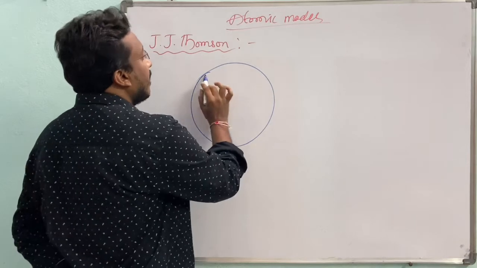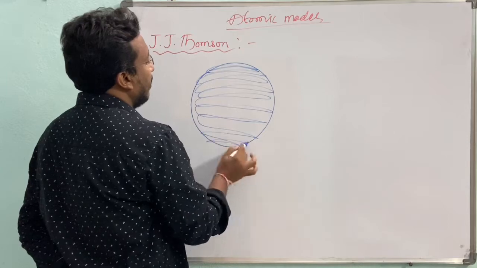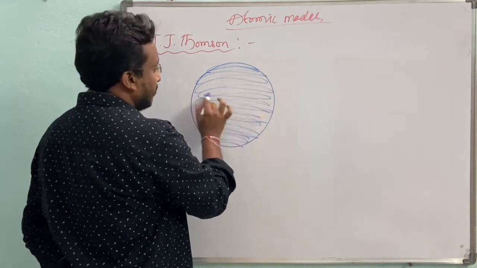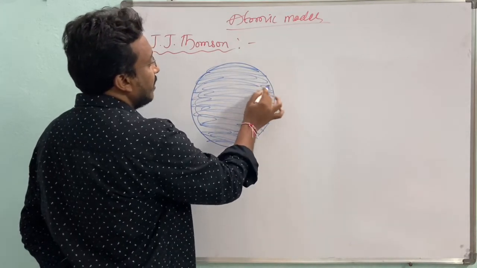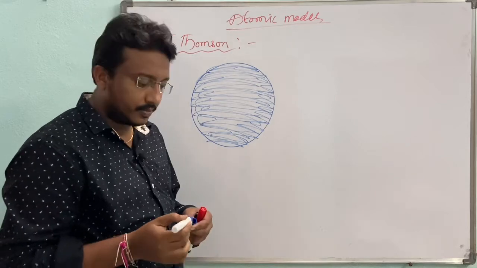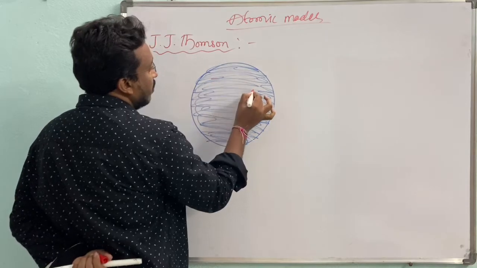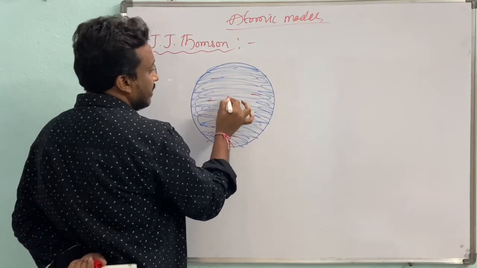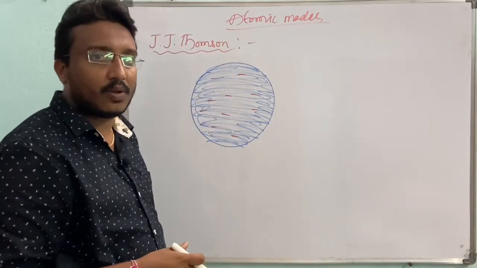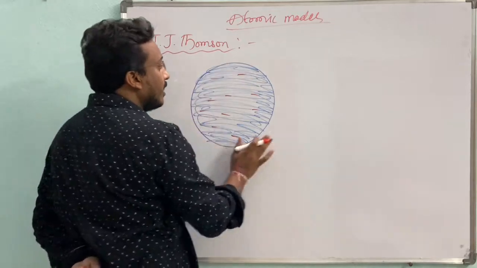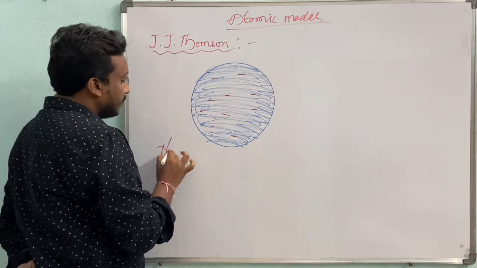It is a sphere-like structure, and the positive charges are uniformly distributed throughout the atom, and the negatively charged particles called electrons are embedded in the positively charged sphere. So this model is called the plum pudding model.